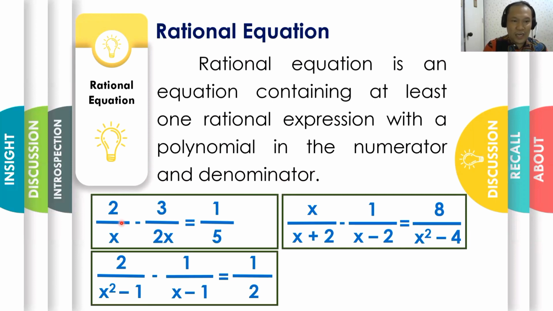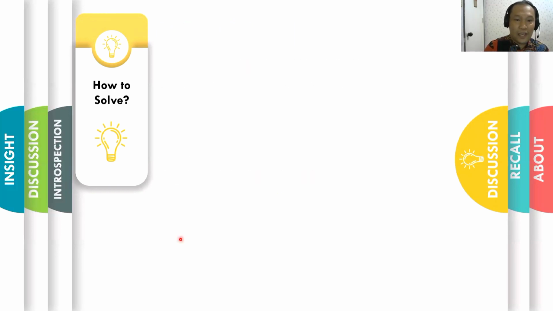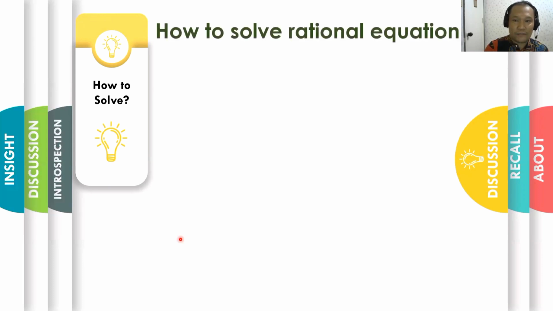Now the question here is, how do we solve for rational equation because we do have variable. And remember, the main objective of rational equation is to look for the unknown that will satisfy our equality.